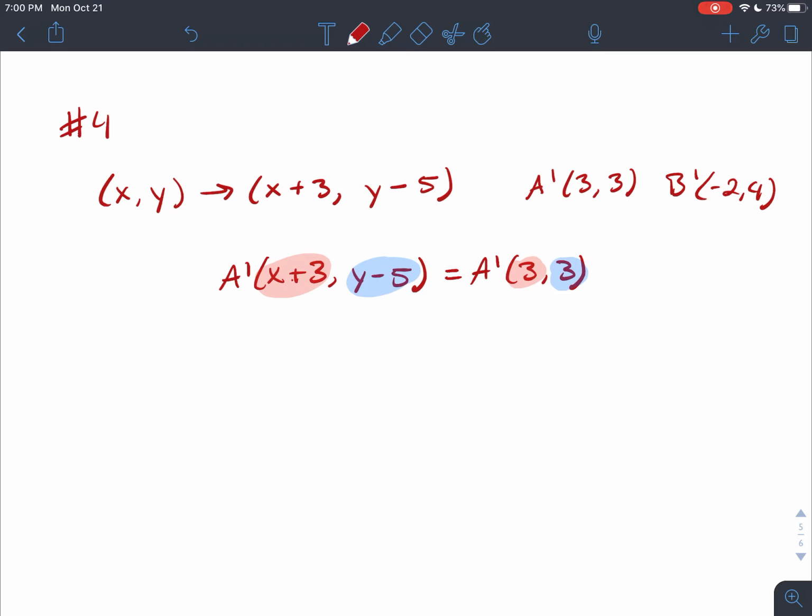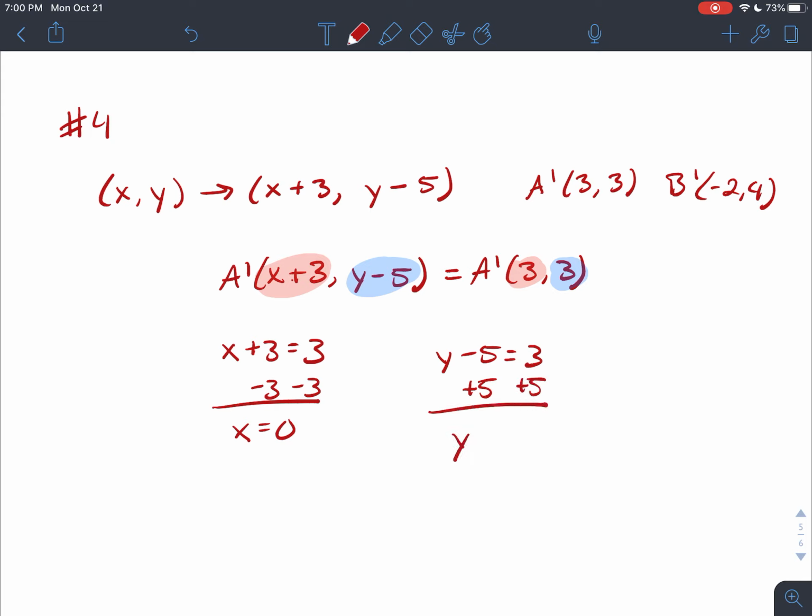So those do happen to be the same, but that's coincidence. So I'm going to say x plus 3 equals 3 and y minus 5 equals 3. X with x, y with y, and then solve for x. So subtract 3 from both sides. X equals 0. Solve for y, add 5 to both sides. Y equals 8. So A is at the point 0, 8.